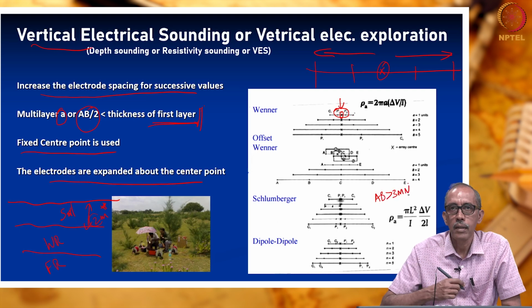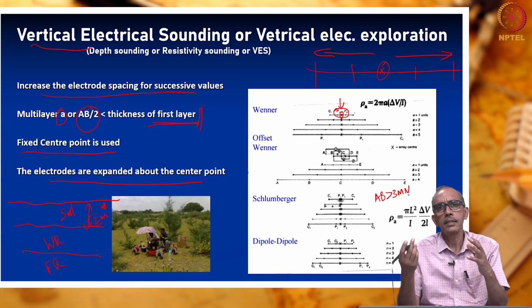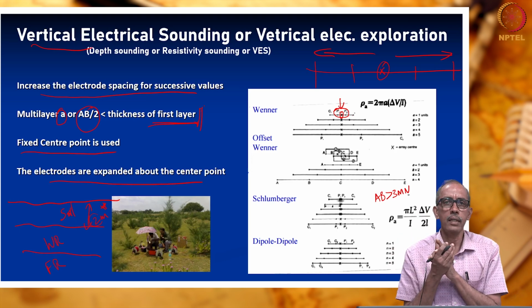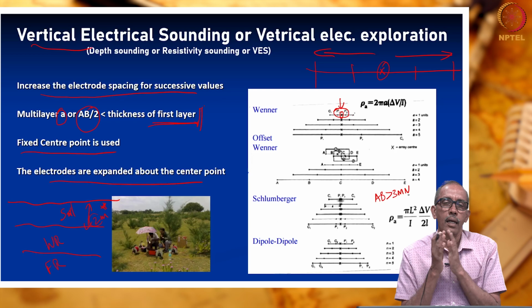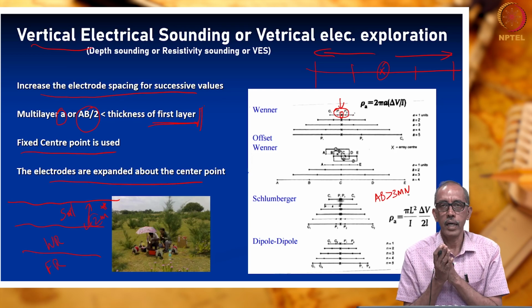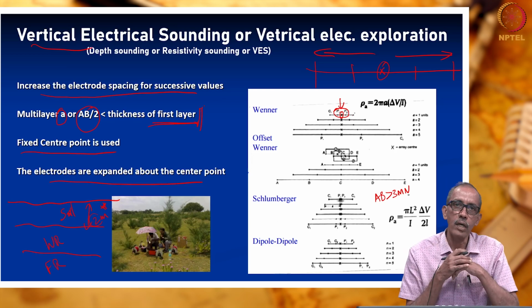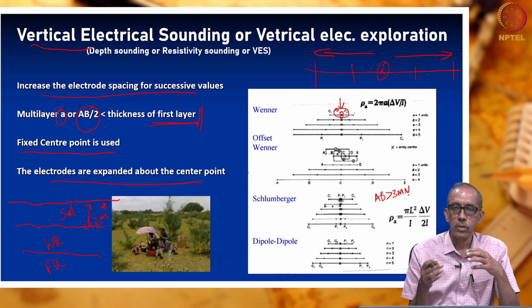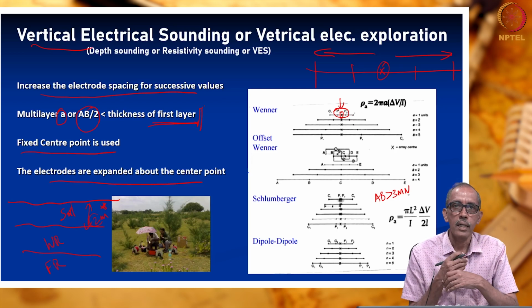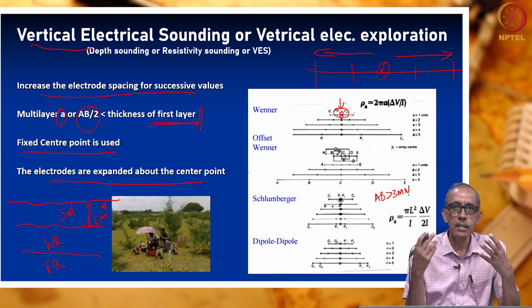This is the condition. So, it is not necessary to change the distance between the inner electrodes often, which is of greater advantage to us, isn't it? So, it is better we conduct vertical electrical sounding by Schlumberger method. This is my view, right?